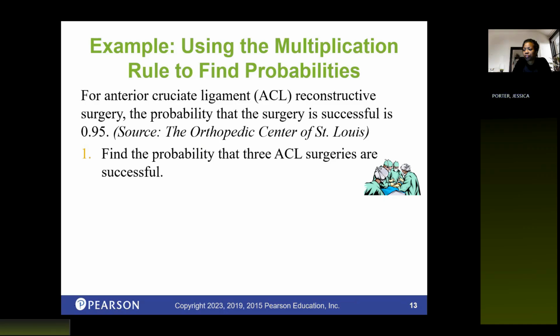So for an anterior cruciate ligament, I did not know that was what ACL stood for. Now we know. For reconstructive surgery, the probability that the surgery is successful is 0.95. Find the probability that 3 ACL surgeries are successful. Are we talking about independent or dependent?